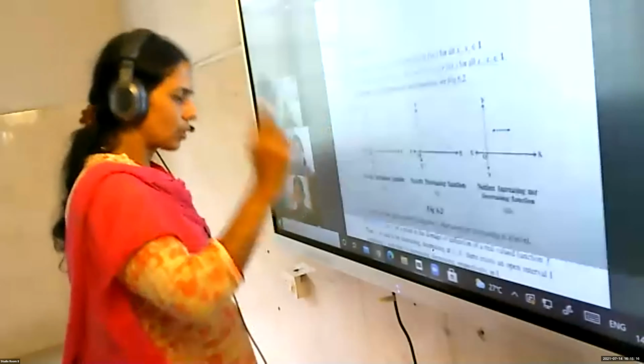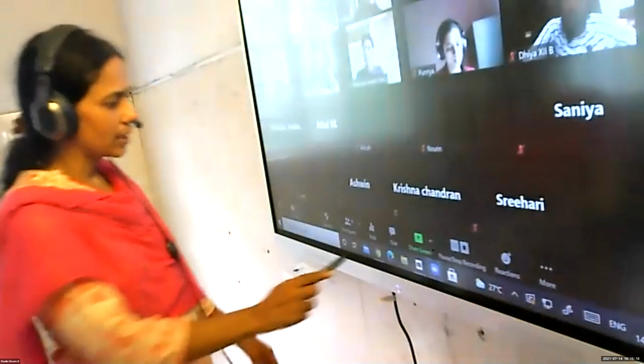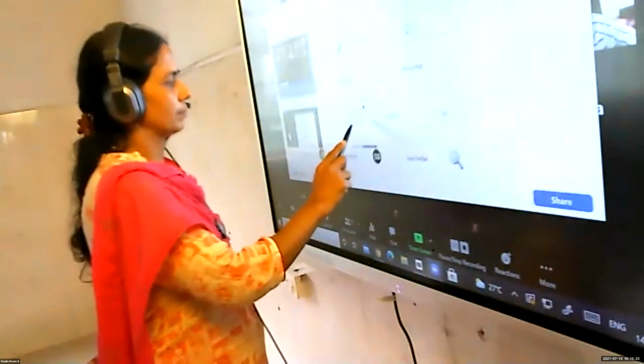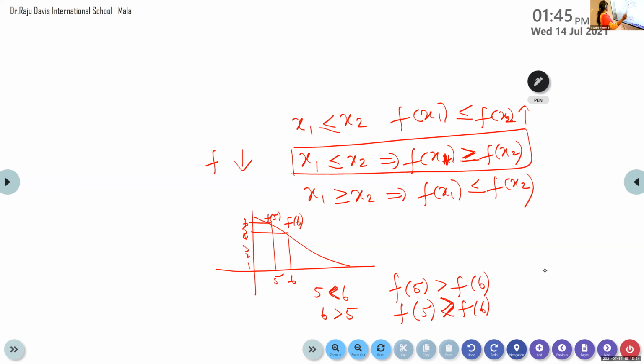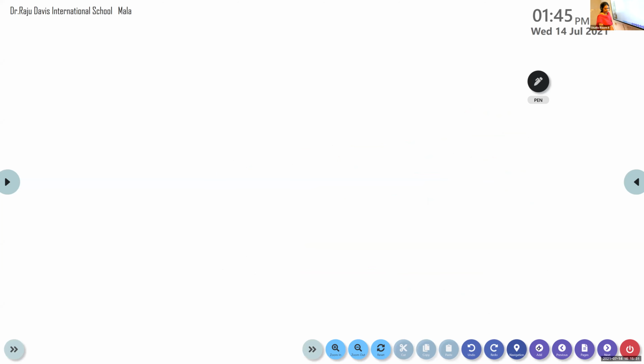Okay, see children, you write it down from the textbook, don't get confused. I'll give the definition. I don't know what is given in the textbook, whether there is any correction. Anyhow, write the definition.